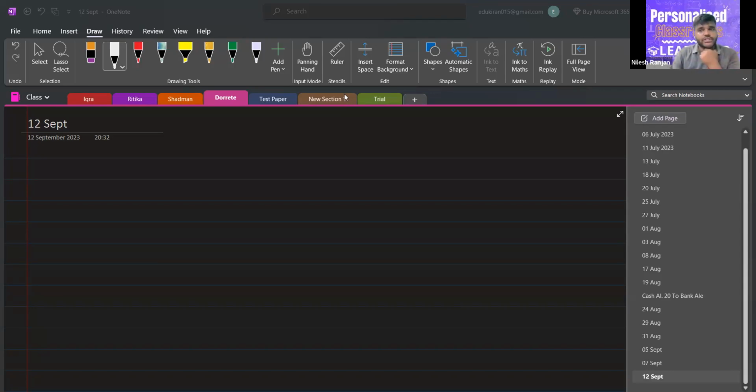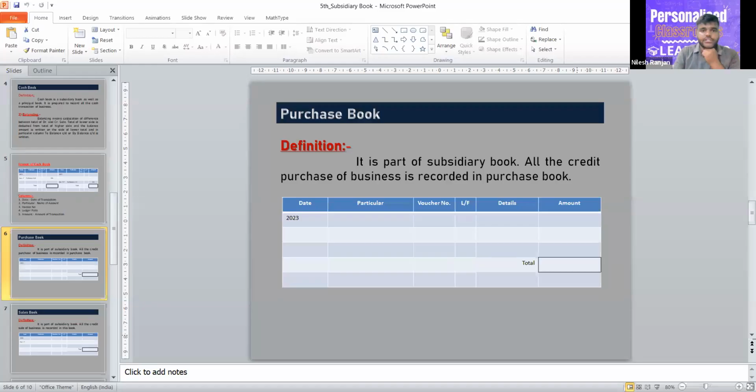When we record all the purchases in our purchase book, there are certain columns that we need to know. The first is date, in which the date of transaction is recorded.